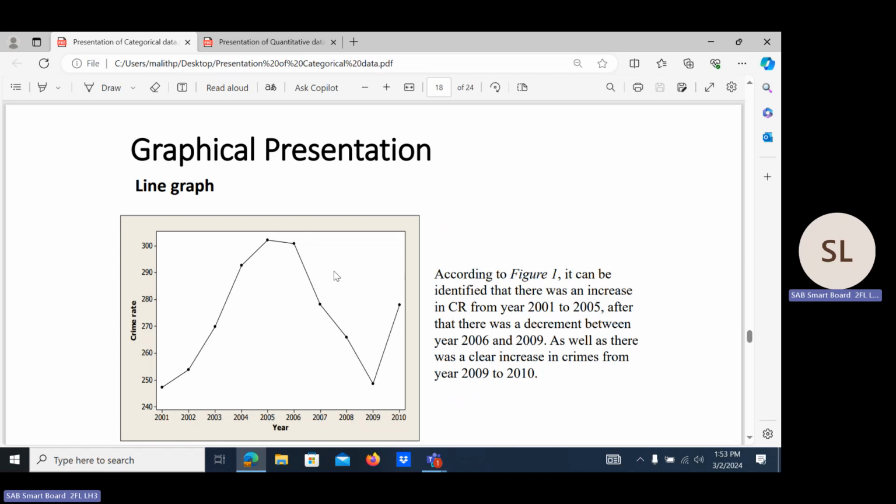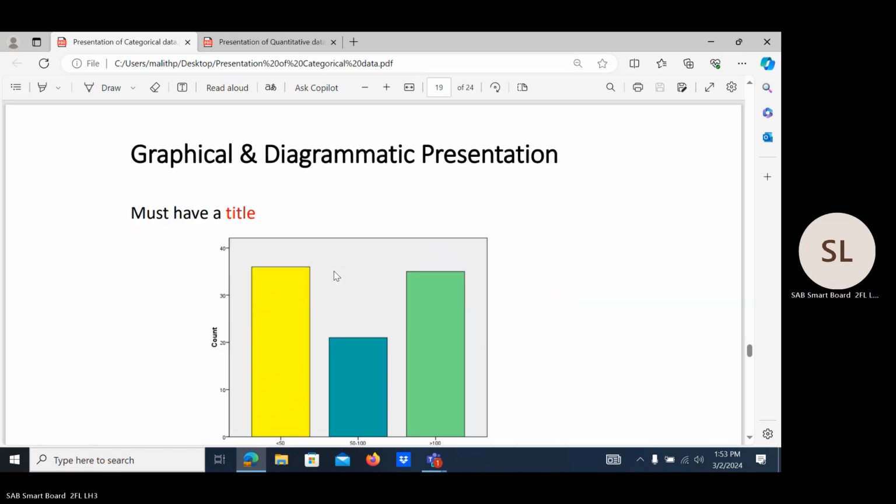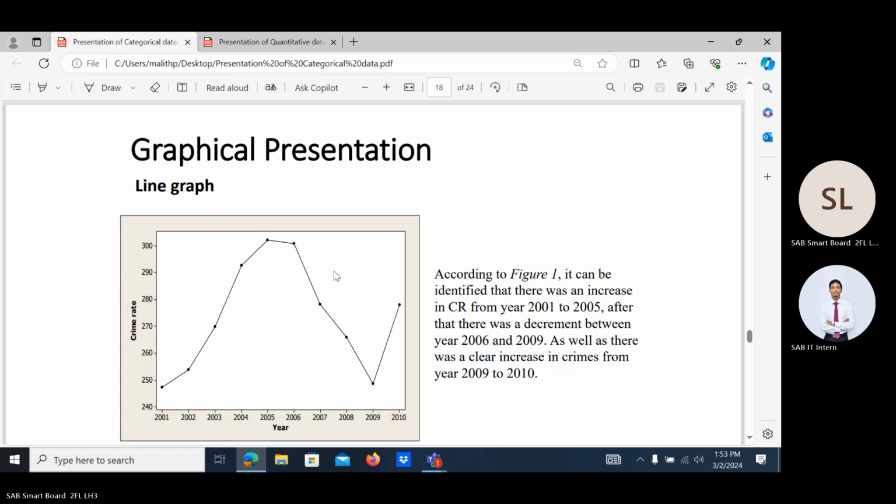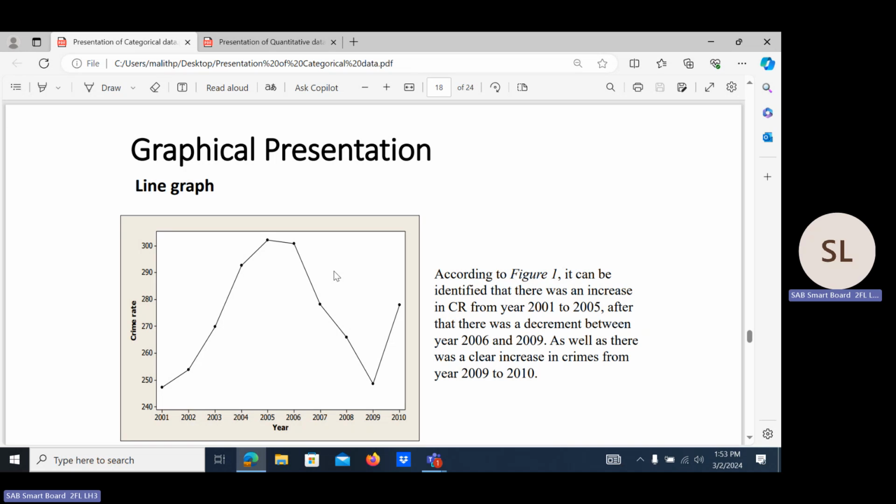Understood? Okay. Using the line graph, we can present only one variable.